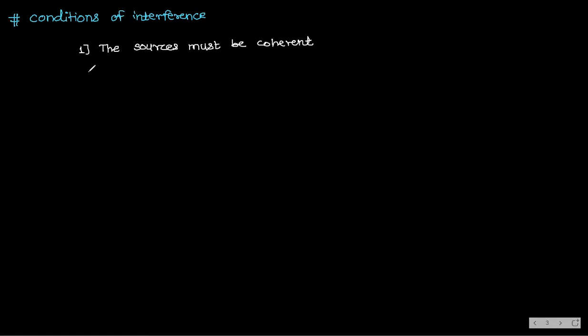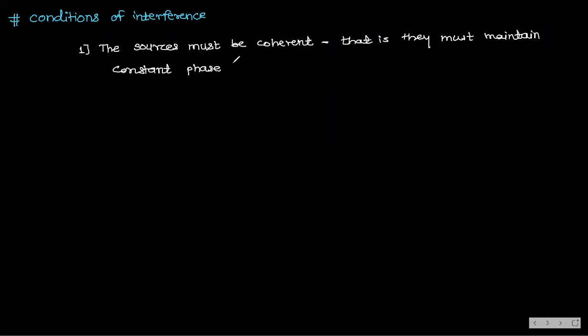Coherent means what? Yesterday we have learned. That is, they must maintain a constant phase difference, that is, they must maintain constant phase with respect to each other.